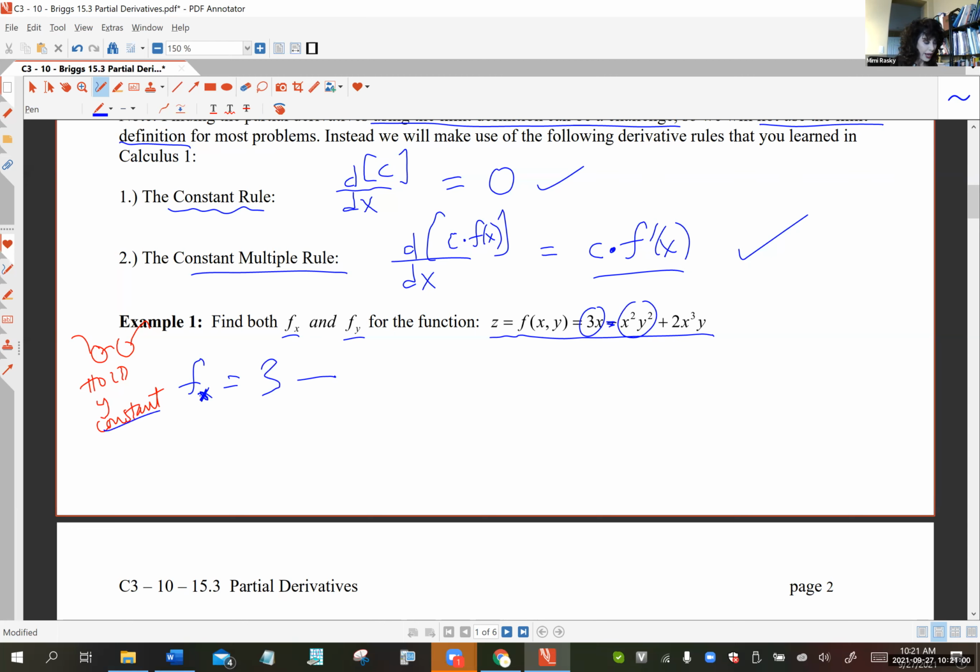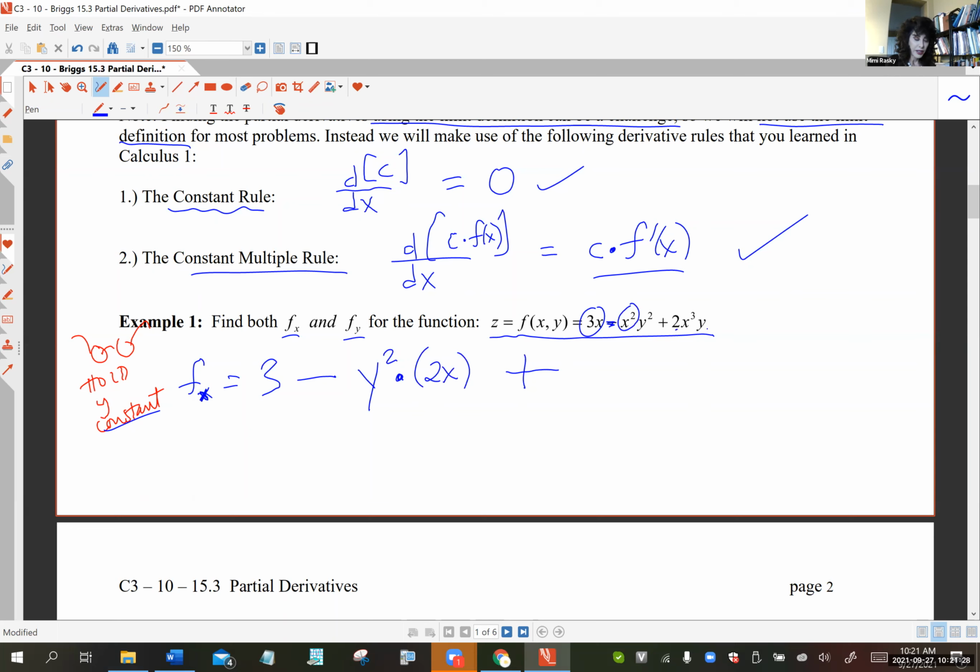Now remember, y looks like it's a constant. So that means the y squared is just some constant multiple. So just copy it down for the ride and multiply that y squared, which you're treating as a constant, times the derivative of x squared with respect to x. And we all know that the derivative of x squared with respect to x is simply 2x. And we're done with that term.